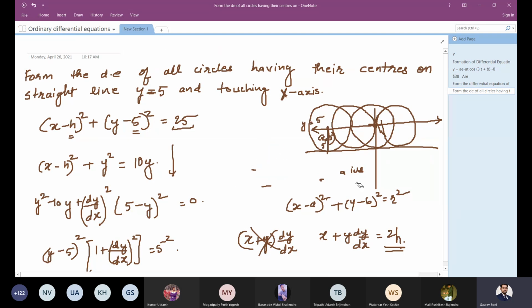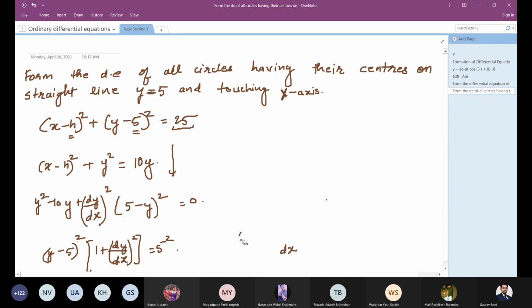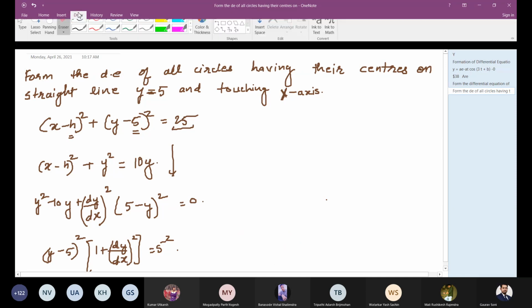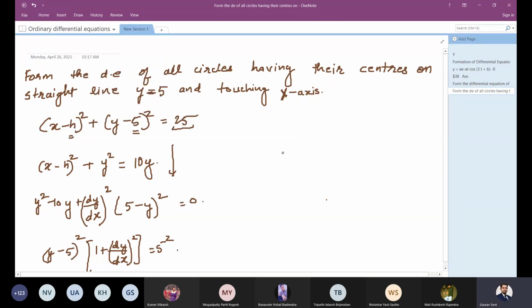So how do we get this? You just differentiate and eliminate the arbitrary constant. This can be further simplified. Remember, this is the same thing that we did in the previous one. 2 times x minus h plus 2y dy by dx is equal to 10 into dy by dx.